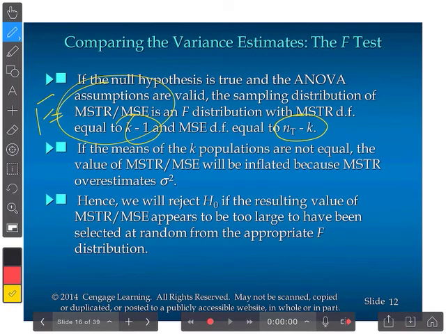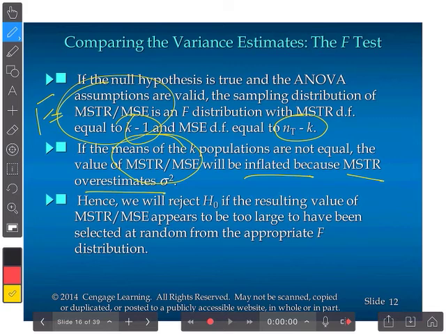Because the sample means generated from these 3 different populations are going to be further apart. So there'll be more variation among those sample means compared to within the samples. As a result, we're looking for values larger than 1. If the means of the k populations are not equal, the value of MSTR over MSE will be inflated because MSTR overestimates sigma.